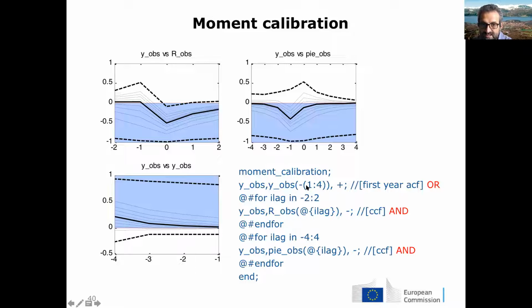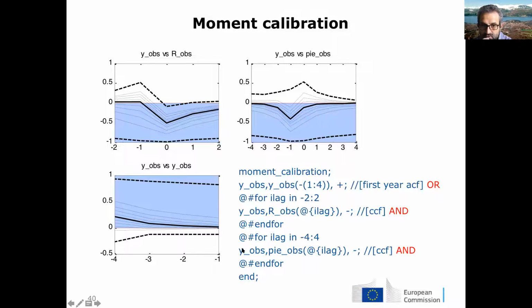So what I'm saying here is you are happy if at least in one of the first 4 lags there is a positive correlation. If you want the AND logic, then you have to do several rows at the same time. So this means that you want the cross correlation between GDP and interest rate, between -2 and +2 lags, to be negative.